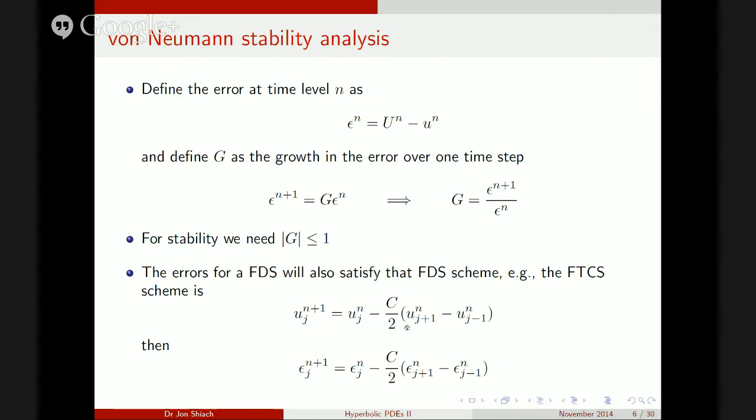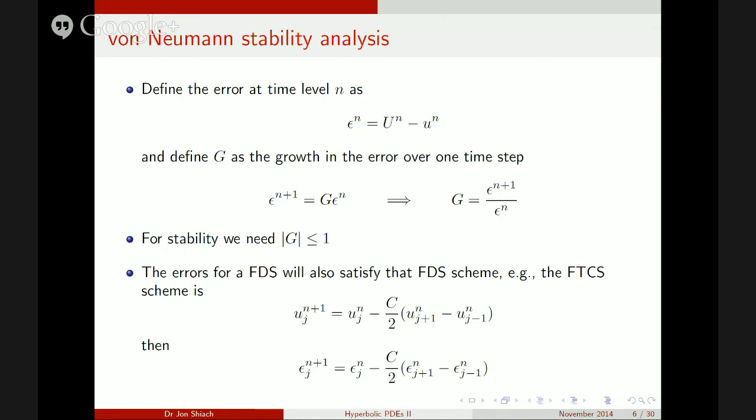I've used c to replace v delta t over delta x. Whatever error we have at the nth time level, the error at the n plus 1 also satisfies the scheme. So I could simply replace these u's with the epsilons, so the errors also satisfy that.